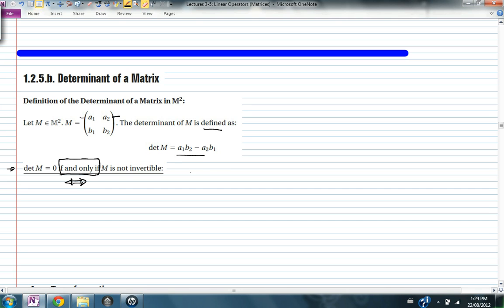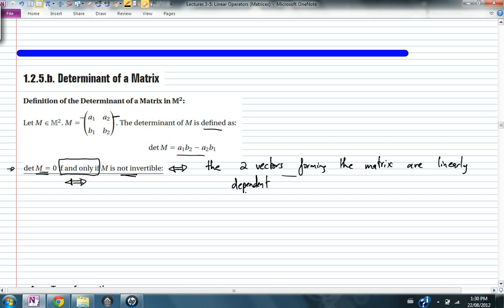So this is equivalent to the two vectors forming the matrix being linearly dependent. They are multiples of each other. If these two vectors are multiples of each other, then M is not invertible, and then the determinant of M is 0. Or if the determinant of M is 0, that means M is not invertible. It also means that the two vectors forming the matrix are linearly dependent.